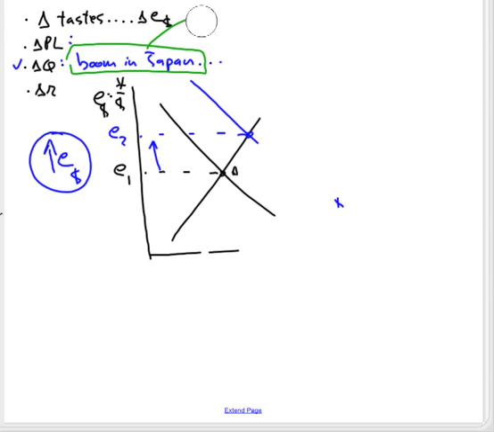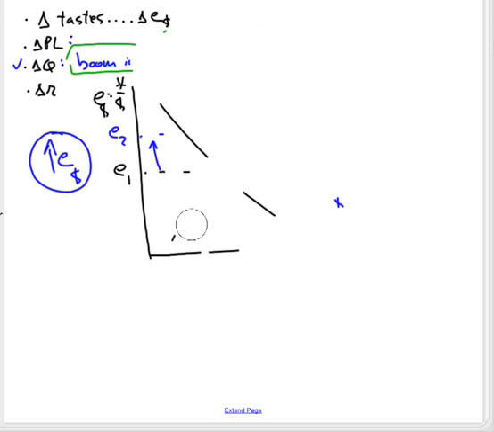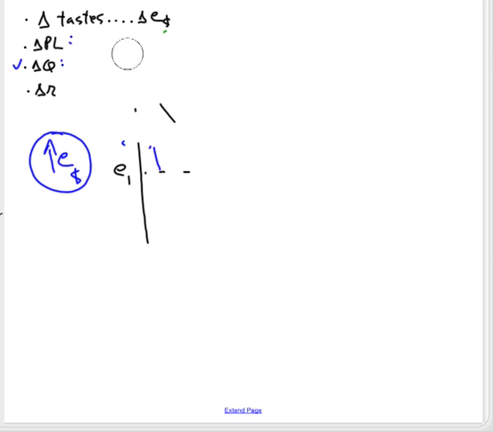Bonds, you could think of, savings accounts. When interest rates change, the demand for foreign financial assets changes. All other things being equal, what will happen if the interest rate rises in Japan? Let's see.